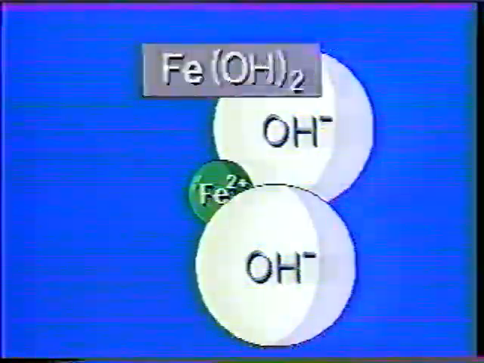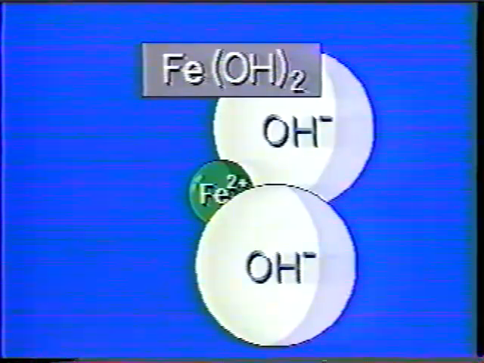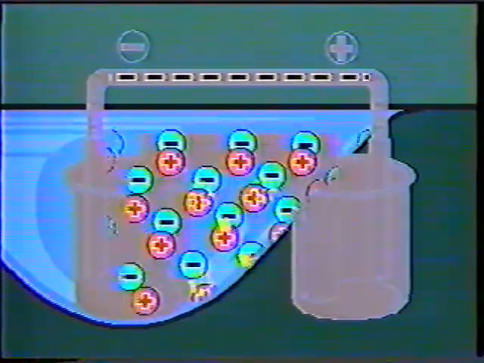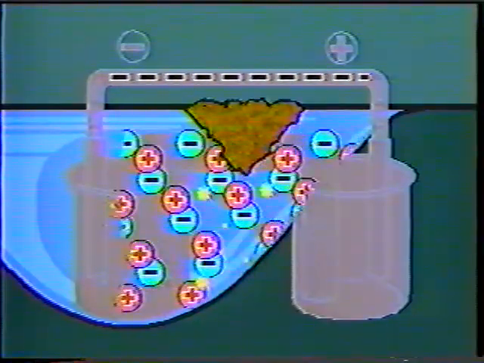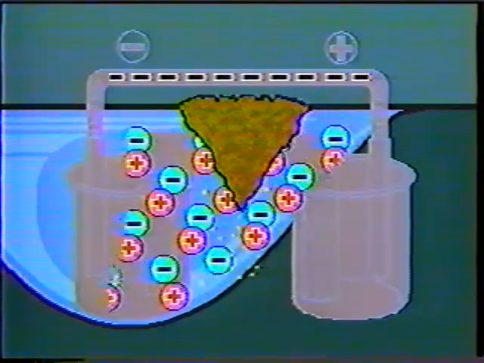When ferrous ions moving in one direction encounter hydroxyl ions moving in the other, an insoluble solid, ferrous hydroxide, is produced. This substance is immediately oxidized to produce a hydrate of ferric oxide, the material commonly known as rust.